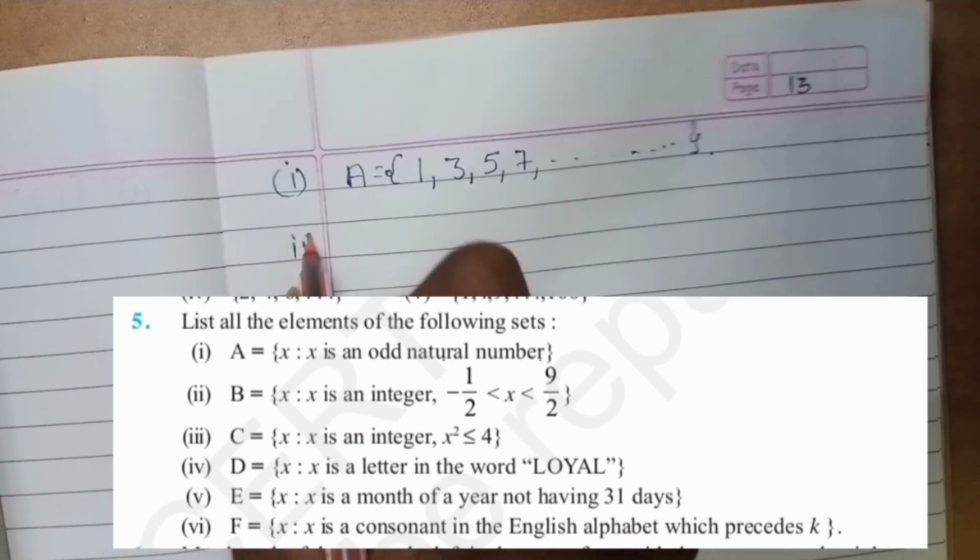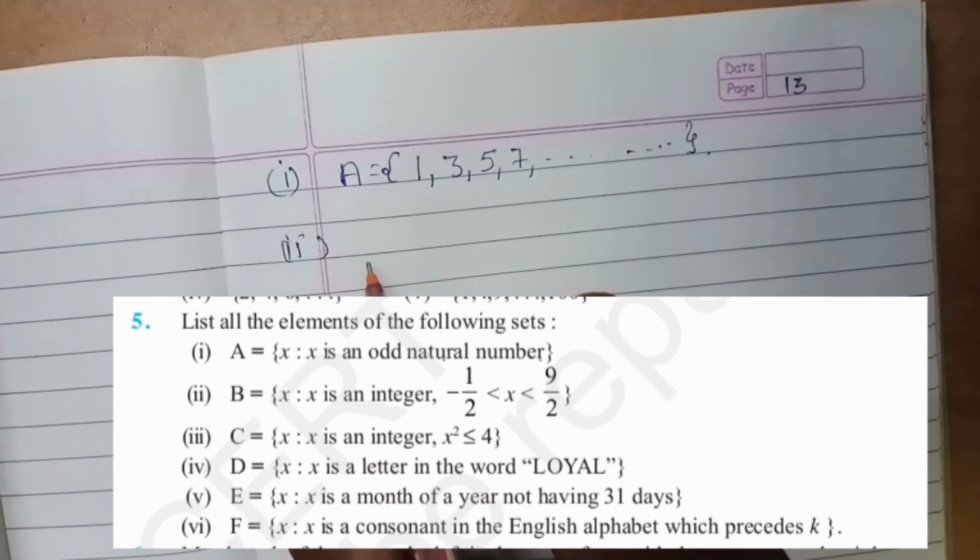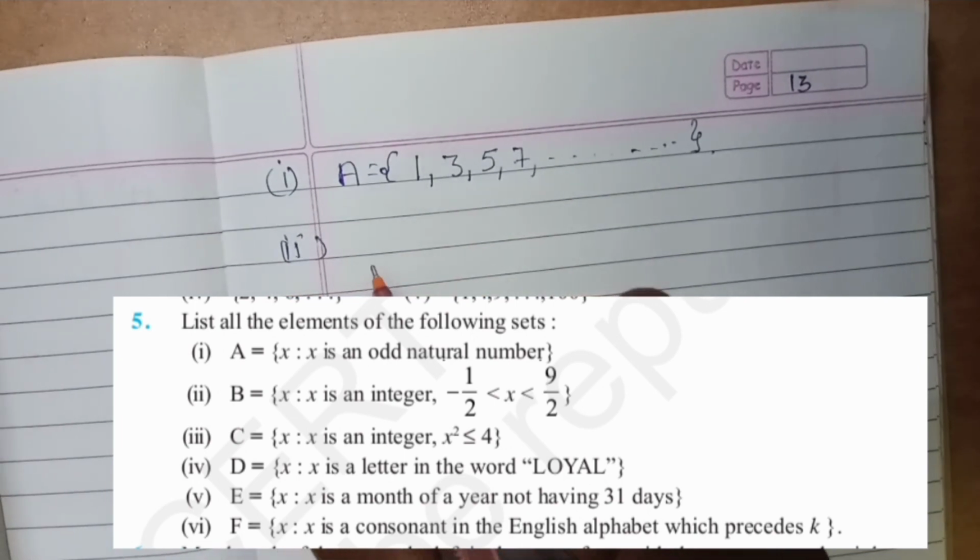The second sub question, B is equal to x such that x is an integer where x is greater than minus 1 by 2 but less than 9 by 2. Here you should make a small note that equality sign is not present. So minus 1 by 2 and 9 by 2 are not the elements of the set.